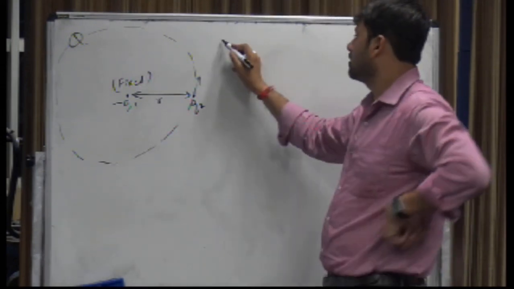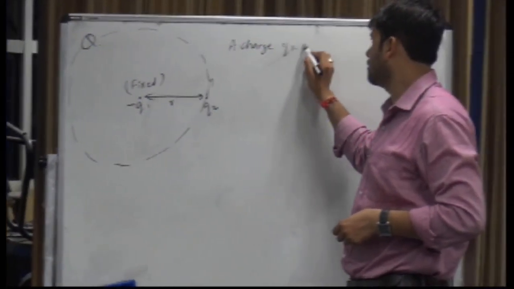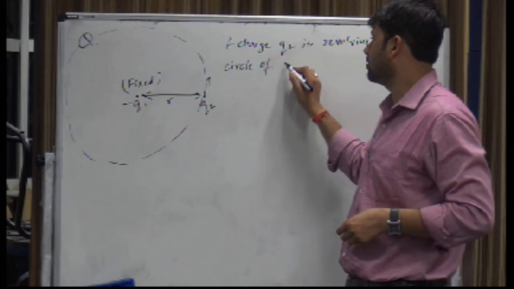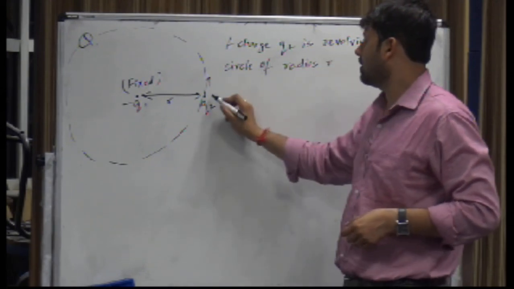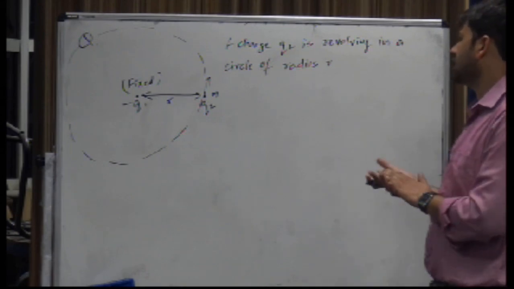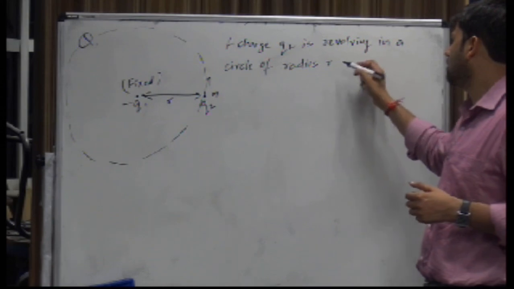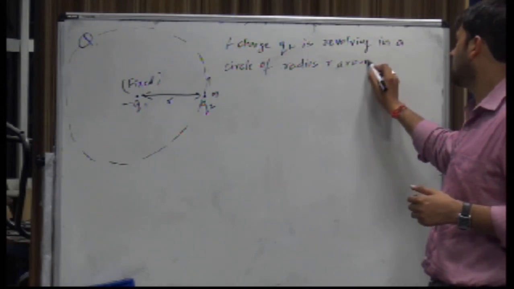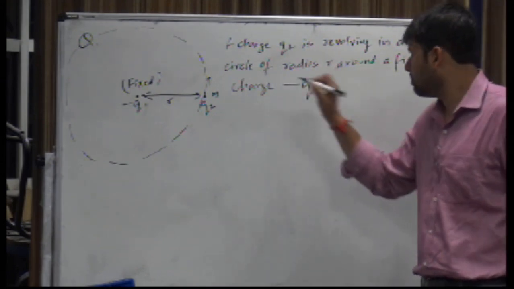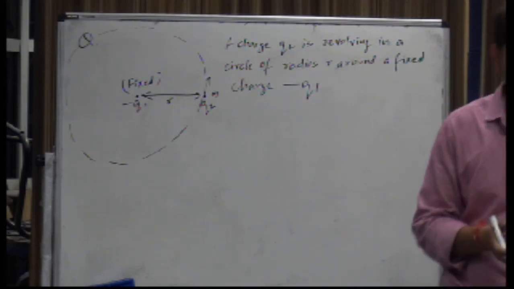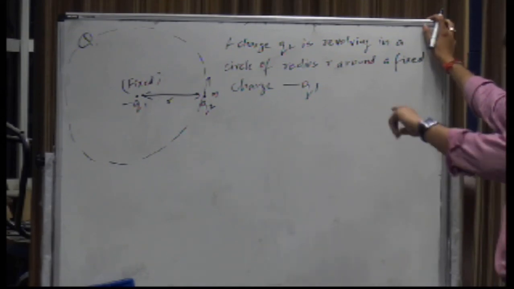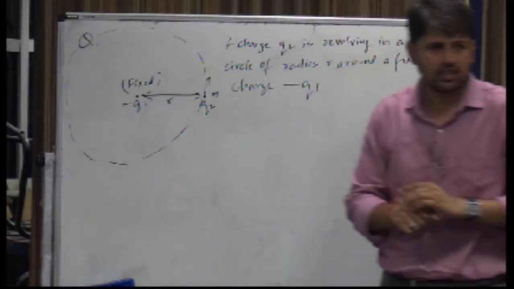The mass of the particle you can take m. Mass would be needed, right? So a charge Q2 is revolving in a circle of radius r around a fixed charge minus Q1. I hope I'm writing big enough. For you it's okay, I'm asking the online people. Yes. So this positive charge is revolving around a negative fixed charge in a circle of radius r.